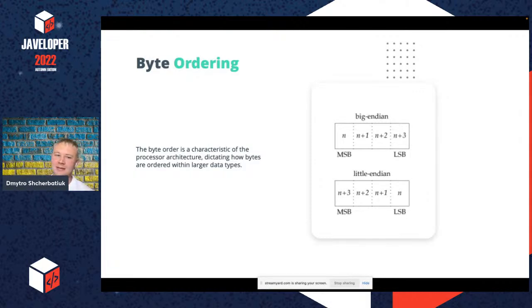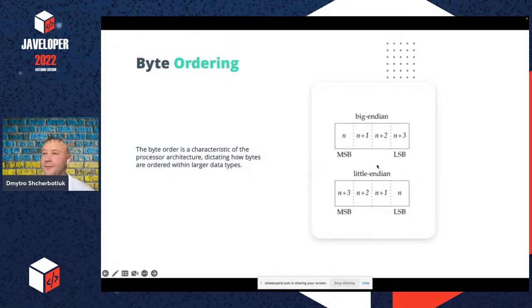This type of ordering is called little endian, but some microprocessors support big endian, where we read from left to right.